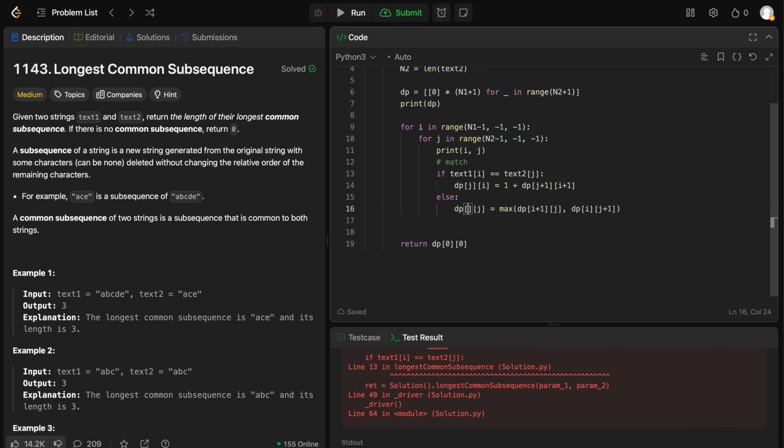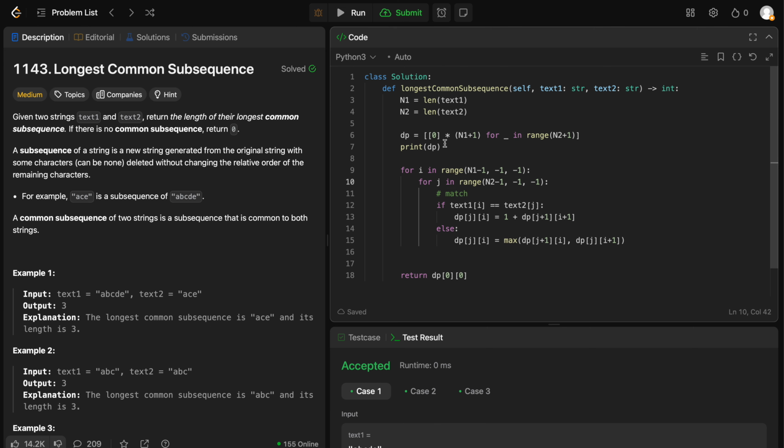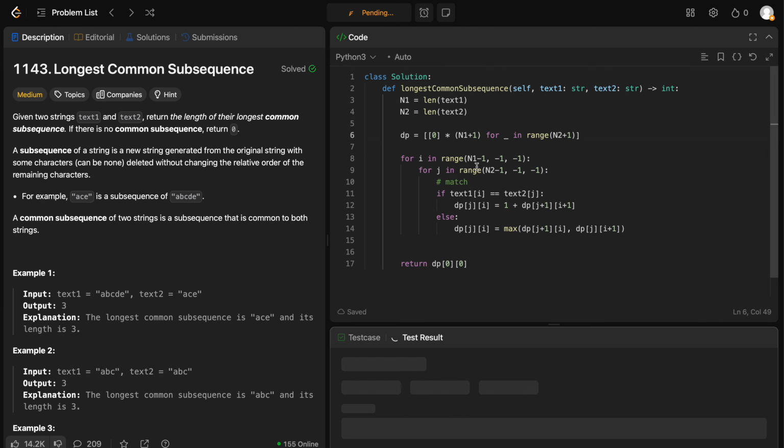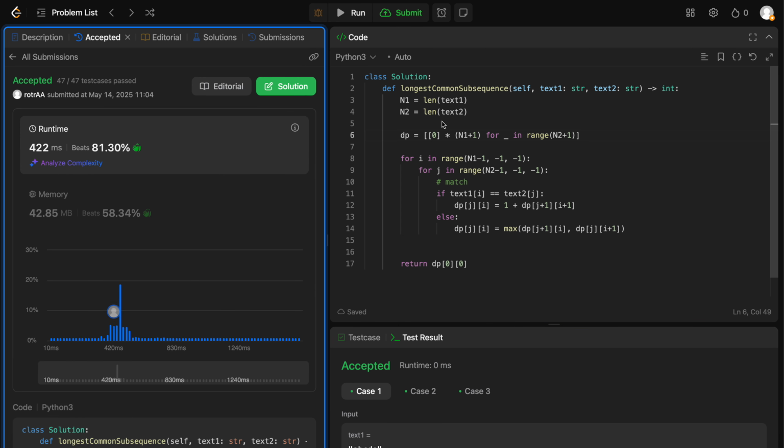I messed up the so J is correct. This should work. Okay. So it seems okay. And as you can see, this solution is much faster.